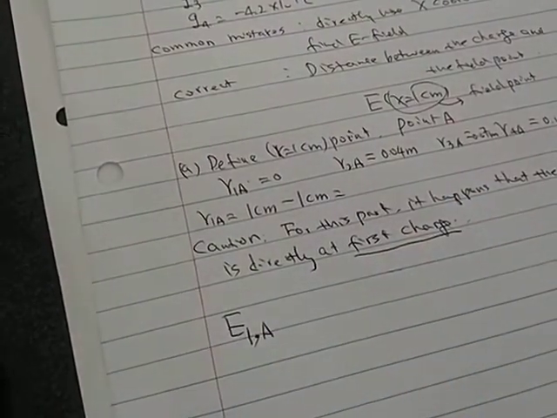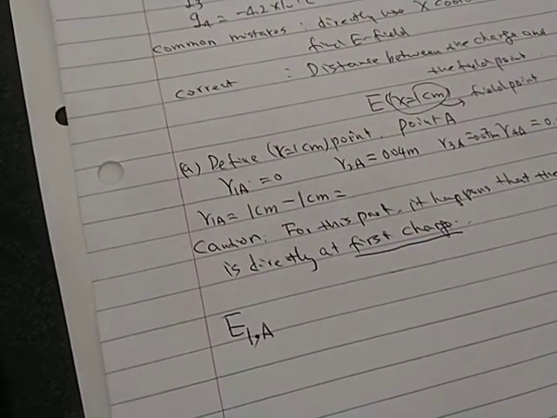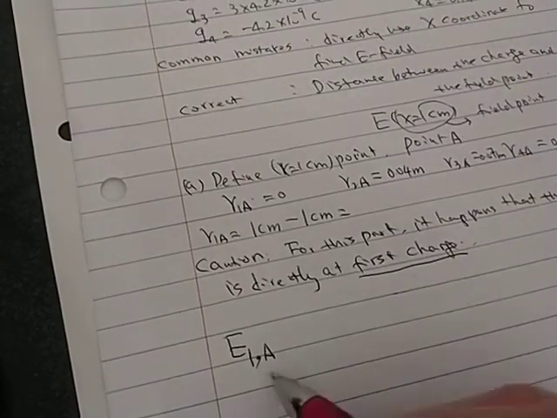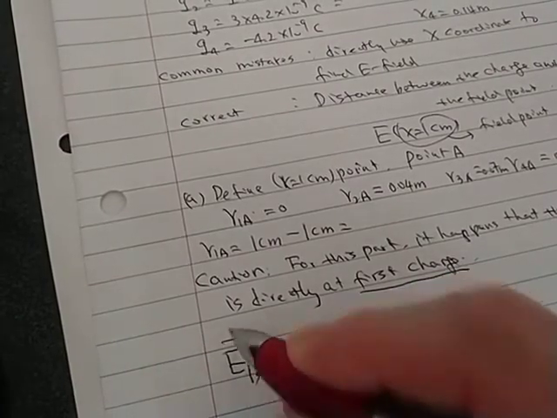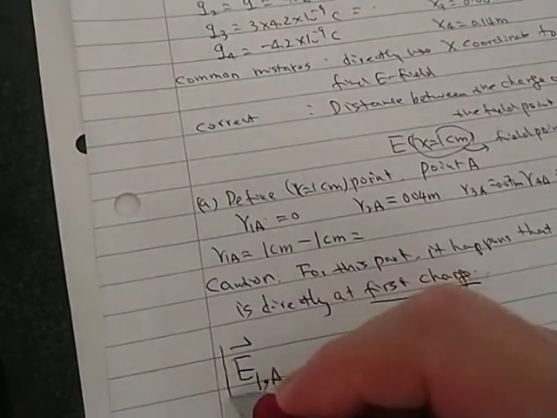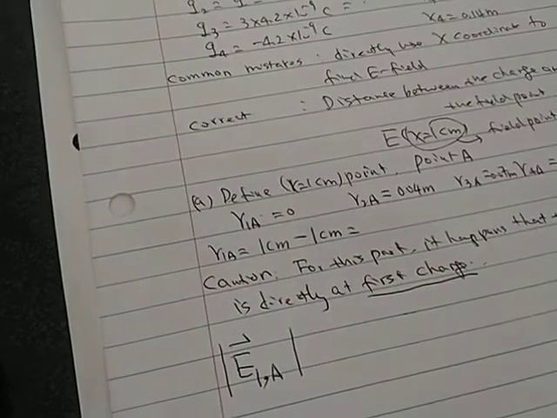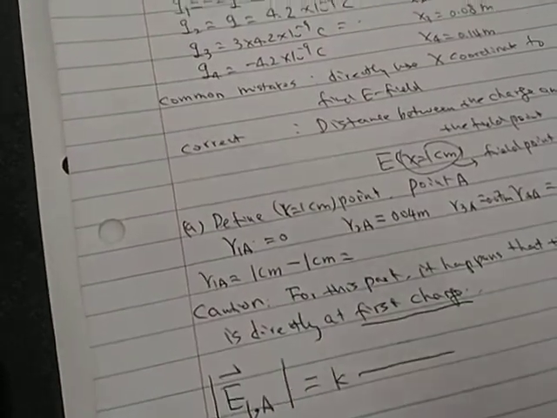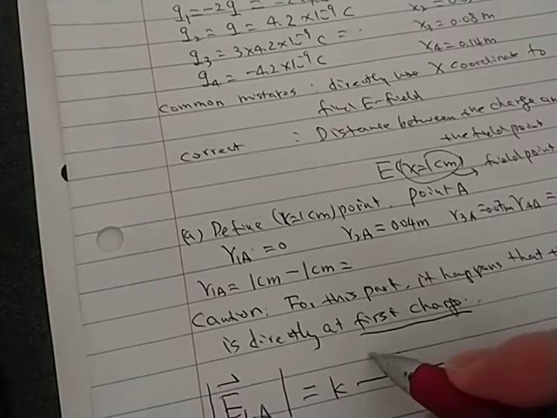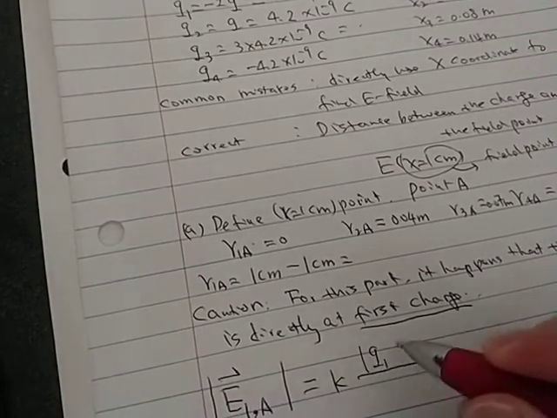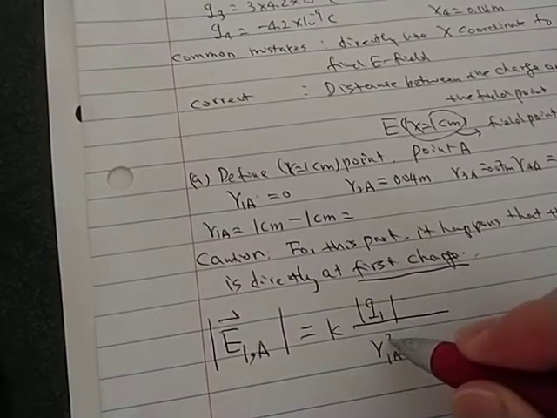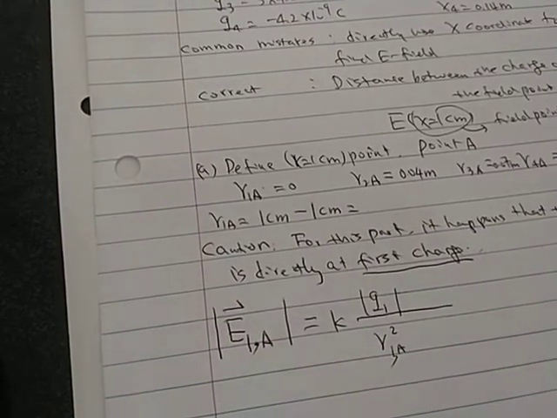Second, what I want to write is the field point, which is the location you are interested in finding the electric field. And the electric field is a vector, so I can take the absolute value of this because that just gave me the magnitude. So just write this down, and this we already learned from last class. Again, take absolute value, Q1, absolute value. Bottom here, we have 1A squared.